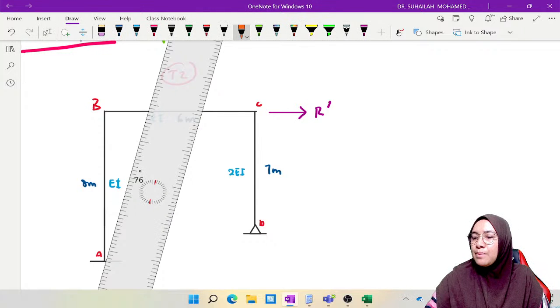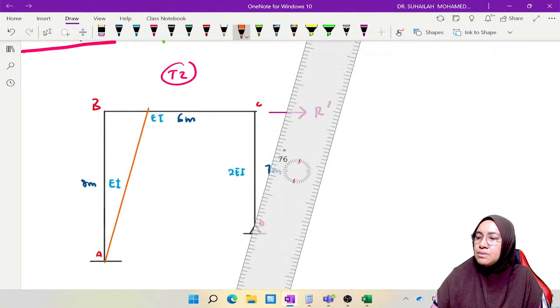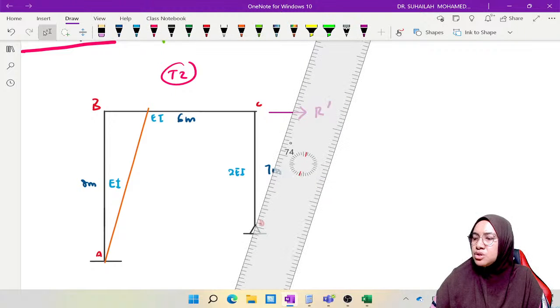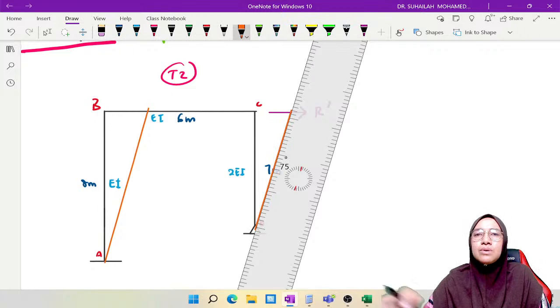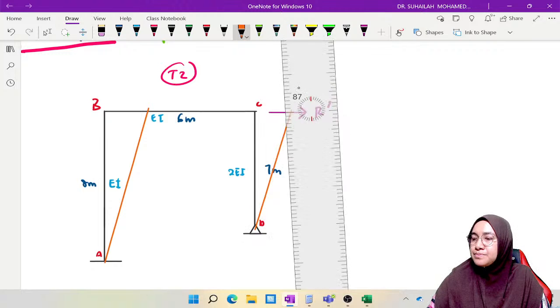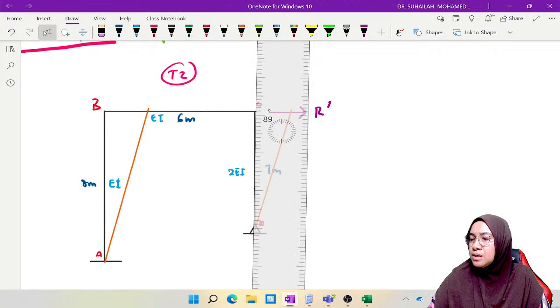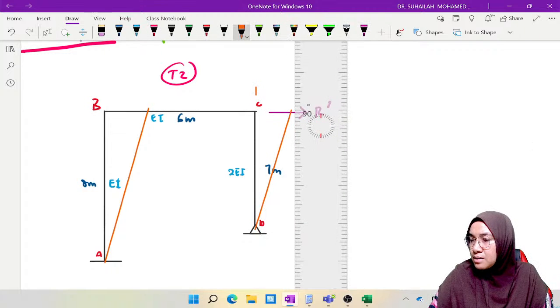This delta at B and at C, we should assume both are the same value, delta prime, because we will look at the behavior that occurs for both column AB and column CD due to delta.